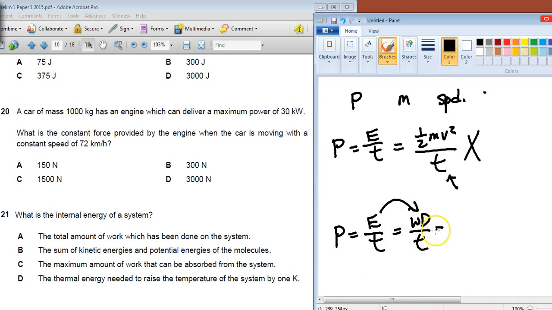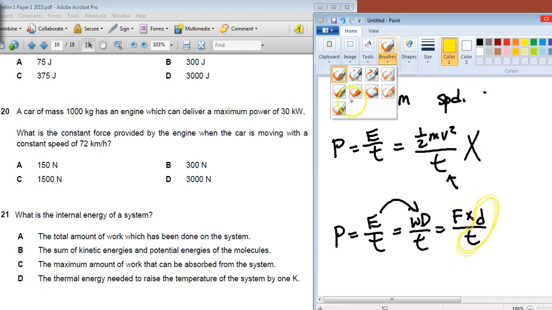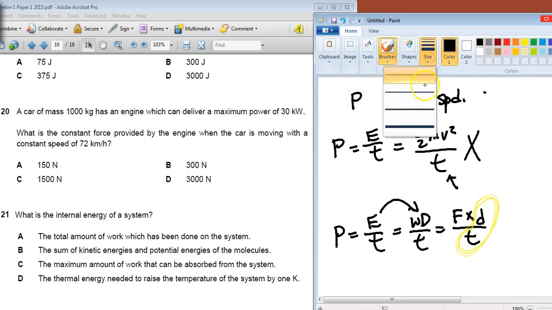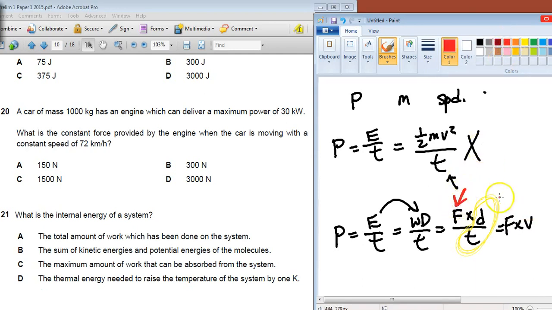So if you take work done, then it will become the engine force multiplied by D, over T. So once the D and the T get out, you can see that this part here, D over T, what will it give you? Yes, it gives you speed. So now the equation becomes F times V. And basically you have all the information you need, right? And you want the force, correct or not?